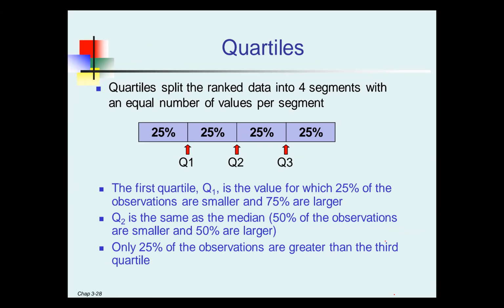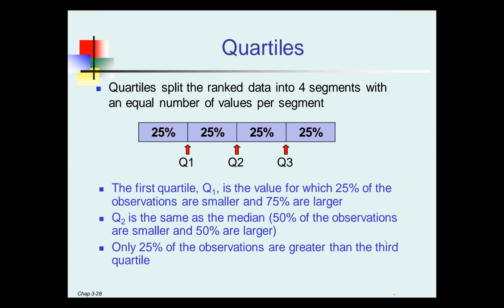Okay. So the quartiles actually will split the ranked data into 4 segments with an equal number of values. So what the quartiles will do is try to divide the data that we have into equal portions, actually 4 of them. So 25, 25, 25, 25, and when you sum them, 25 times 4 is 100%.